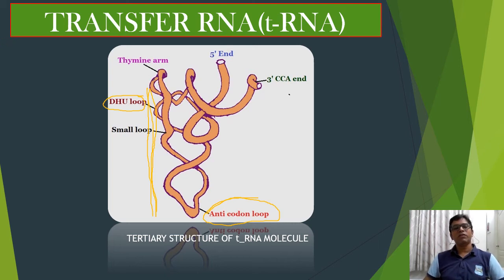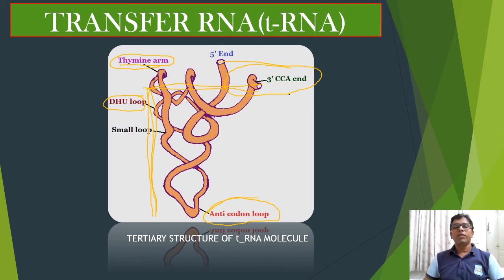In the L-shaped tertiary structure, the DHU arm and the anticodon arm become straight and form one arm of the L. And the T-Psi arm, the thymine arm, and the acceptor arm become straight and twist, and form the other arm of the L.